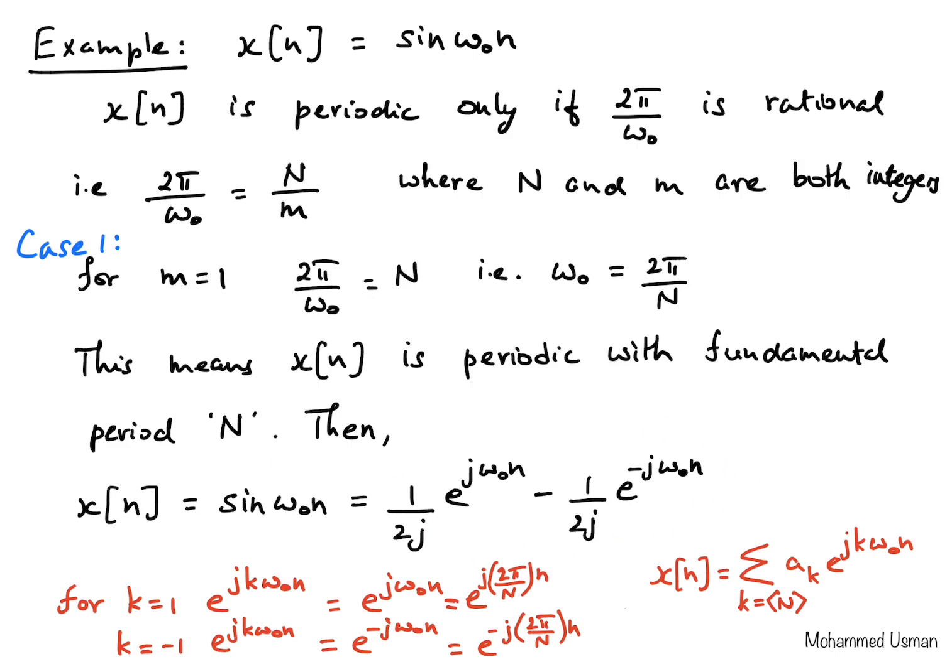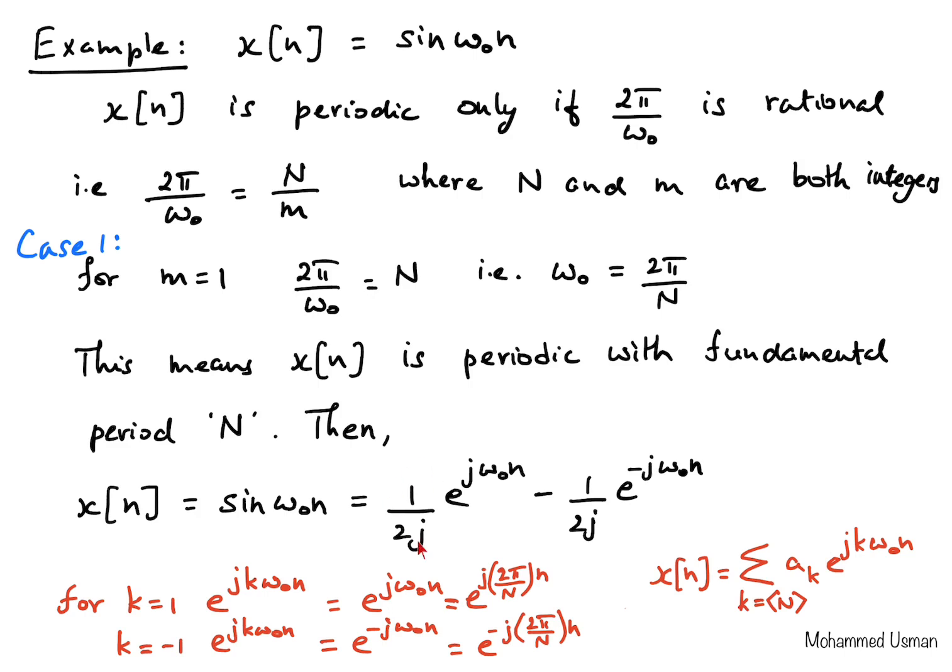Now if we compare this with our Fourier series summation, this is a term for k equal to 1. It is a k e power j k omega naught n, where k equal to 1 here. So this first term corresponds to k equal to 1, and the second term corresponds to k equal to minus 1.